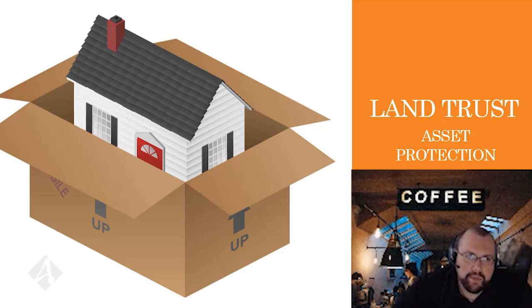Now, the way we do this is what's called an assignment of beneficial interest. So as the beneficiary, I hold the beneficial interest, and now I want to make sure I have asset protection, so I need to assign my interest in this land trust, or in the property held in the land trust, over to that business entity. It's a simple form. If we set up a land trust for you, most times we'll even populate the form for you, and all you need to do is sign.